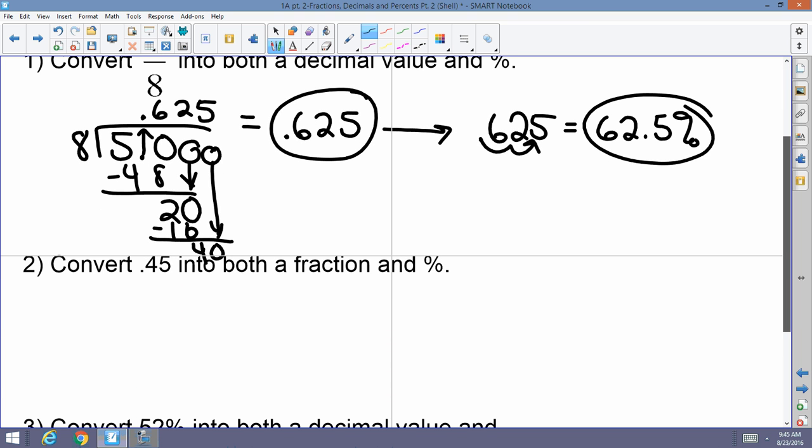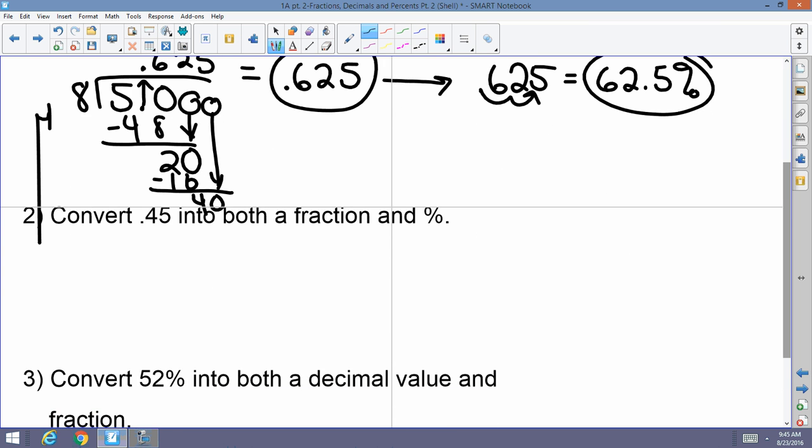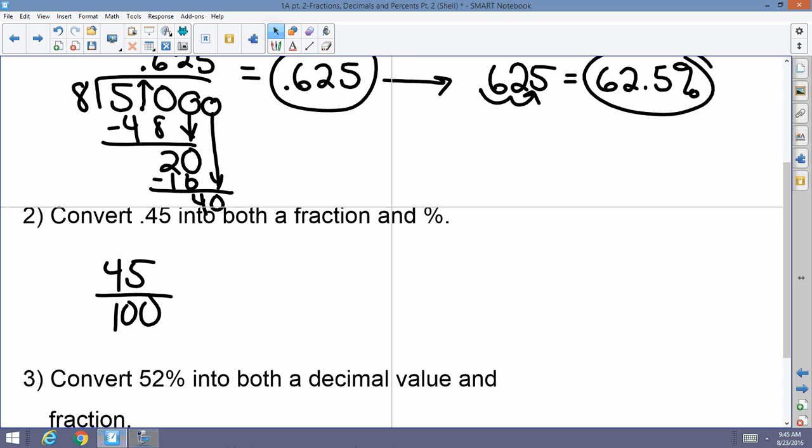Okay, number 2, let's convert 0.45 both into a fraction and a percent. Well, 0.45 read correctly is 45 hundredths. Okay, 45 hundredths. Which, when I go ahead and reduce, I can divide 5 into both numerator and denominator.